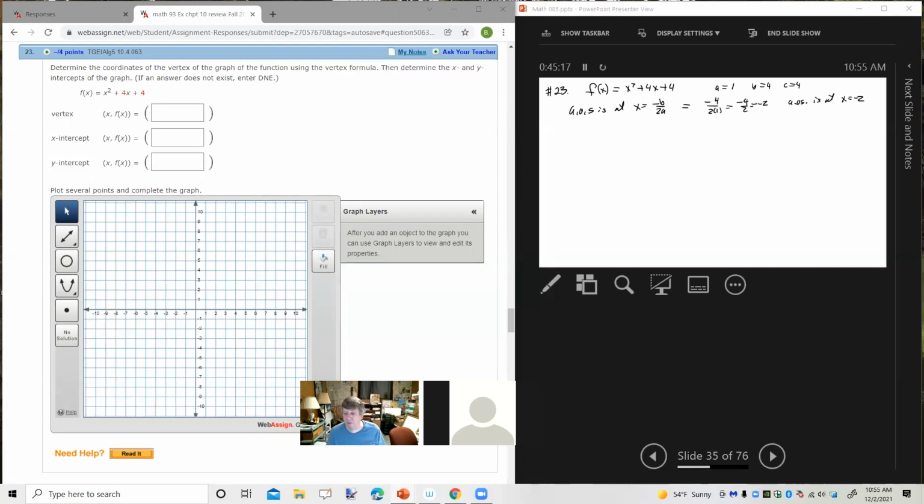Now, they don't ask for the axis of symmetry in this problem, but you have to find that to get the x value of the vertex. So from there, we're going to find f of negative 2, which will give us the corresponding y value. Negative 2 squared plus 4 times negative 2 plus 4, which is 4 minus 8 plus 4, which is 0. So the vertex is at (negative 2, 0).